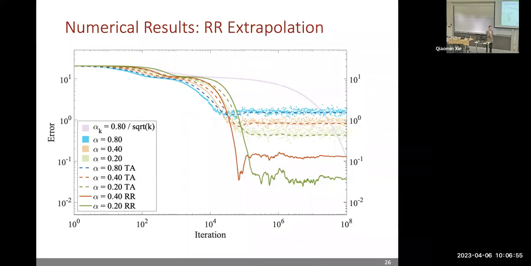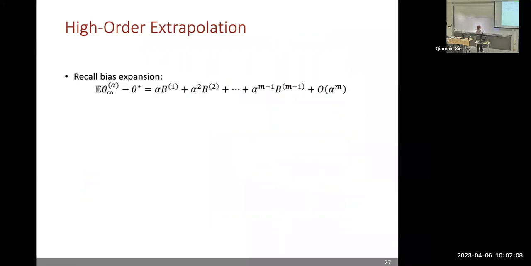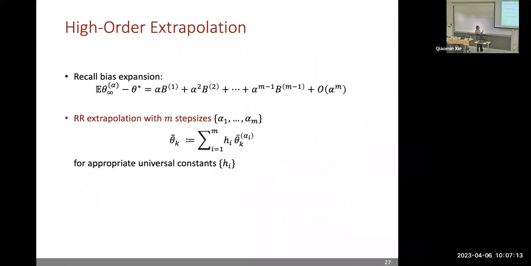Because we actually have a finite order expansion of the bias with respect to the step size, in general we can use higher order extrapolation to further reduce the bias. Then we can run the iterates using multiple different step sizes, say alpha 1 to alpha m, and as long as they're different, you can properly choose the coefficients to construct an extrapolation sequence.